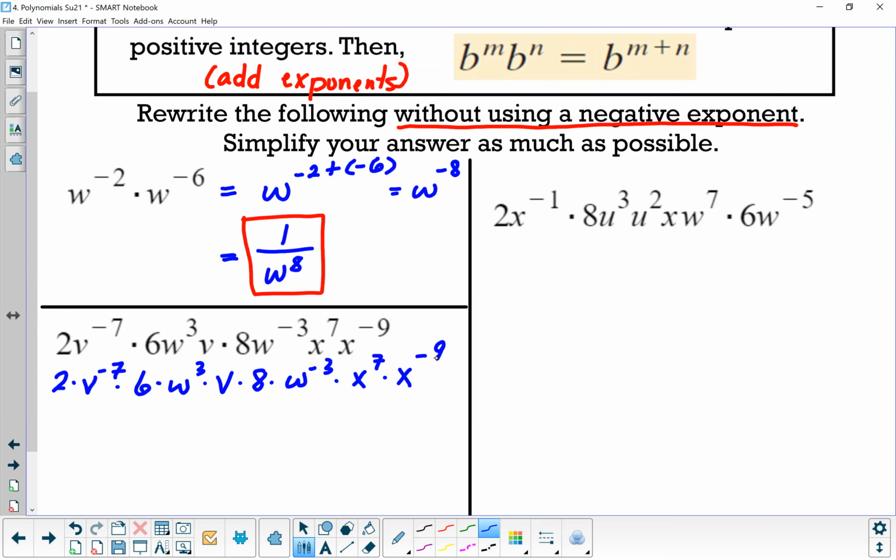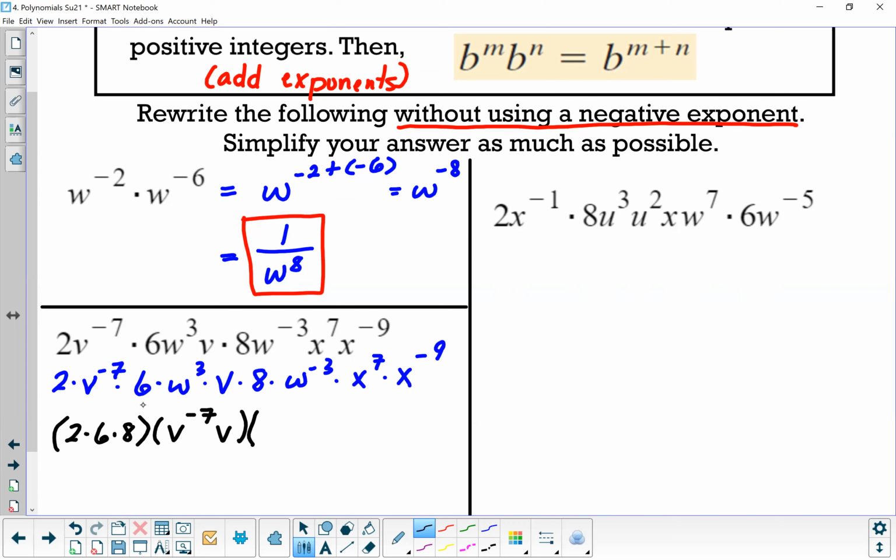And remember, the order in which you multiply can be rearranged. And that is to our benefit, because I want to multiply my coefficients here first. 2 times 6 times 8, right? I'm going to multiply that as a group. And then everything that has a v, I'm going to multiply that as a group.